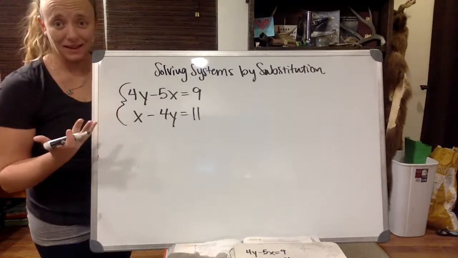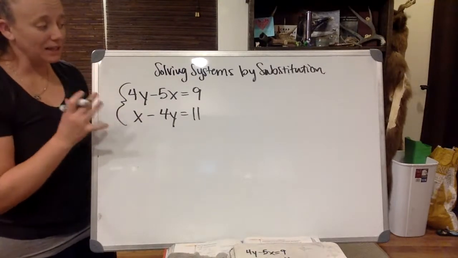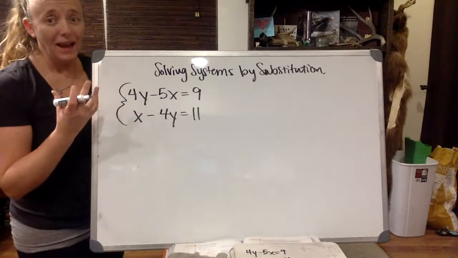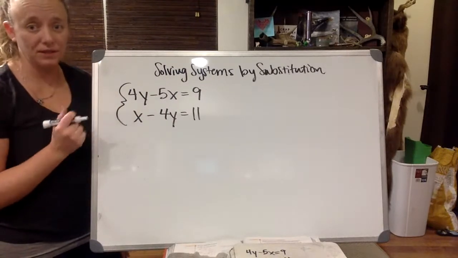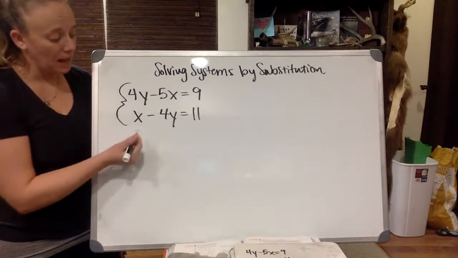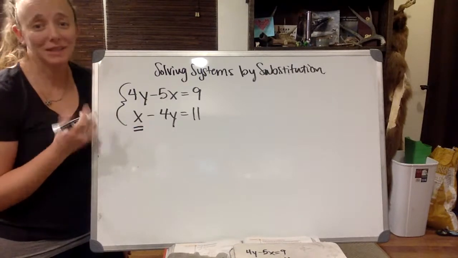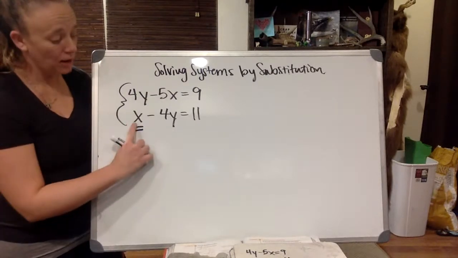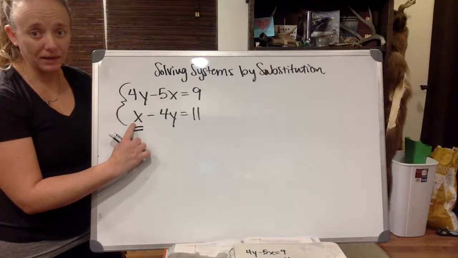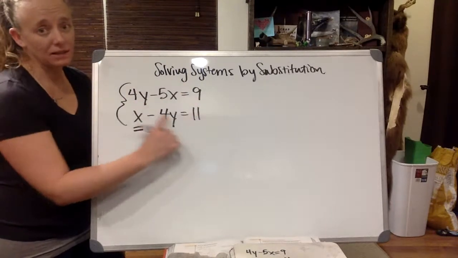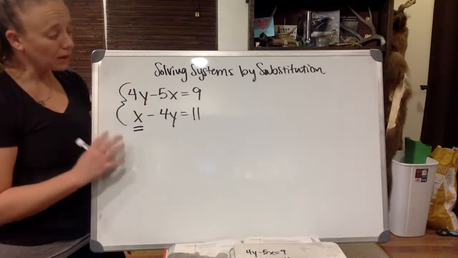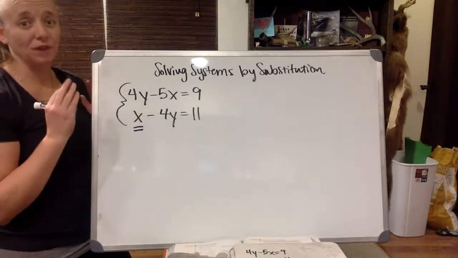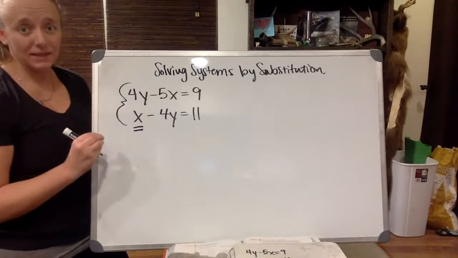It's intense, yeah? As I look at this, I need to find a nice way to potentially solve for at least one variable in one of these two equations. Looking at this, magically, thank goodness from the math textbook gods, we have this x all by itself right here. If I look at the rest of this though, there's not necessarily a good option. So first step, I'm going to solve at least one equation for a single variable.